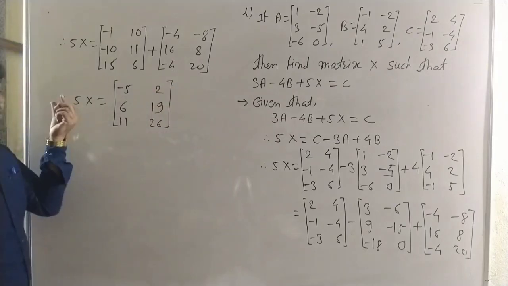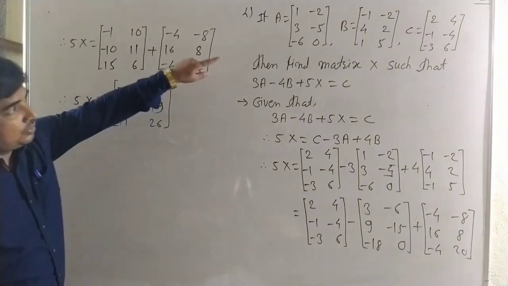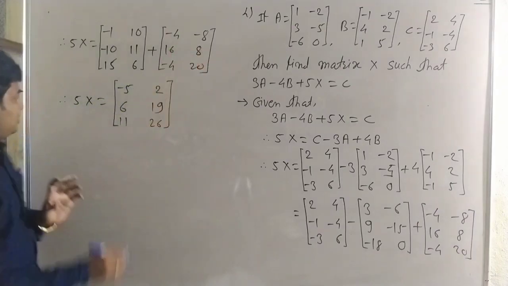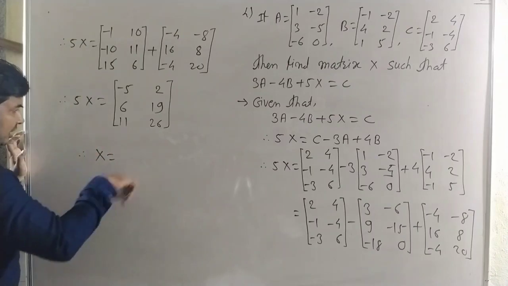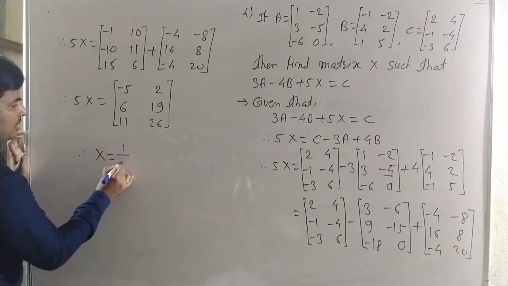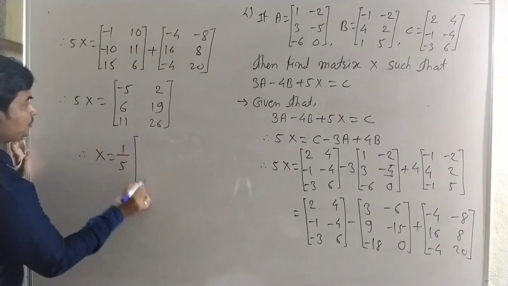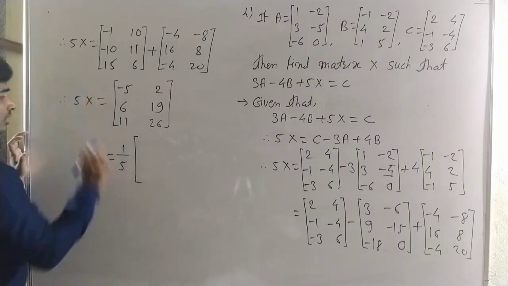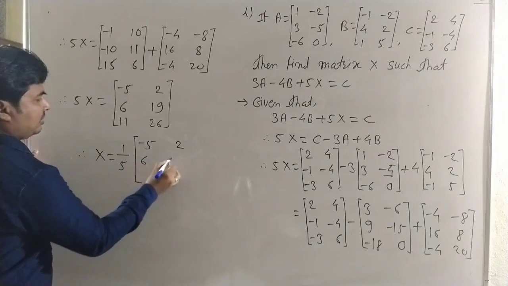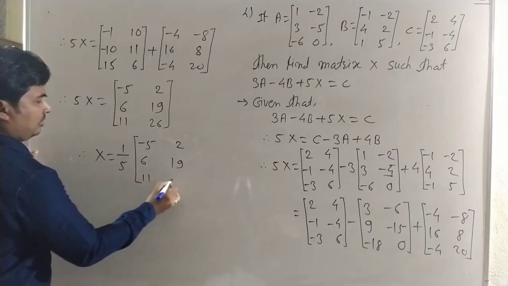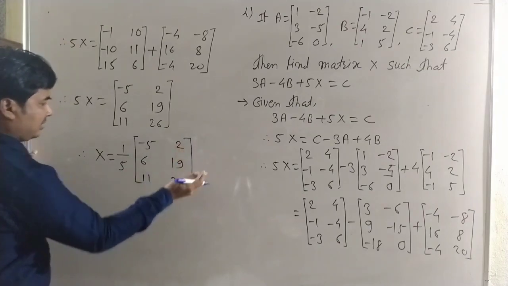Okay, it is 5X, but the question is find the matrix X, and it is a scalar. Therefore X is equal to, we can take the scalar in the division, that is 1 by 5 into, it is 5, we can write here in the multiple of 1 by 5, minus 5, 2, 6, 19, 11 and 26. It is a matrix X.